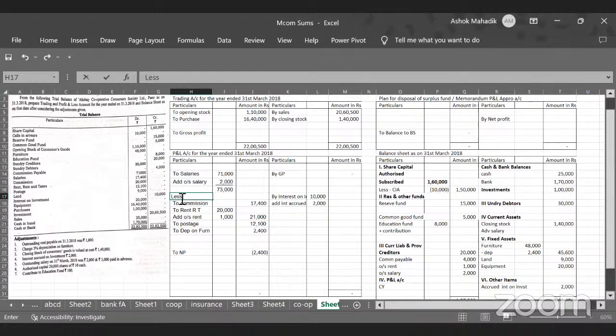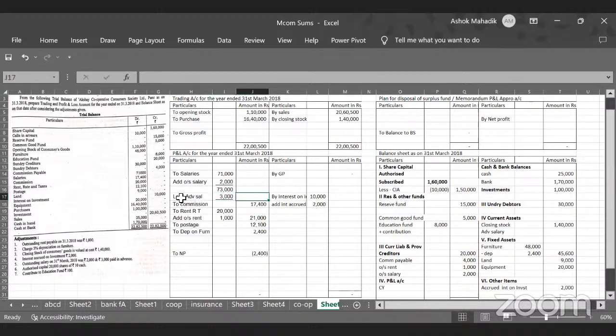So less advance salary 3,000 will be subtracted. 73 minus 3, and this advance salary will be under current assets, 3,000.